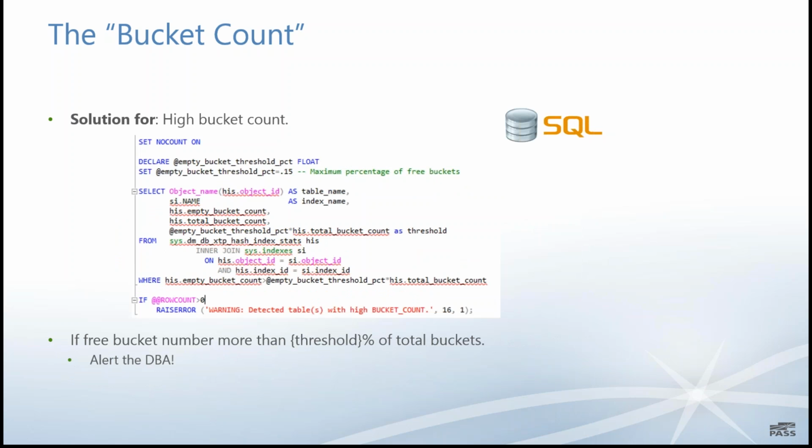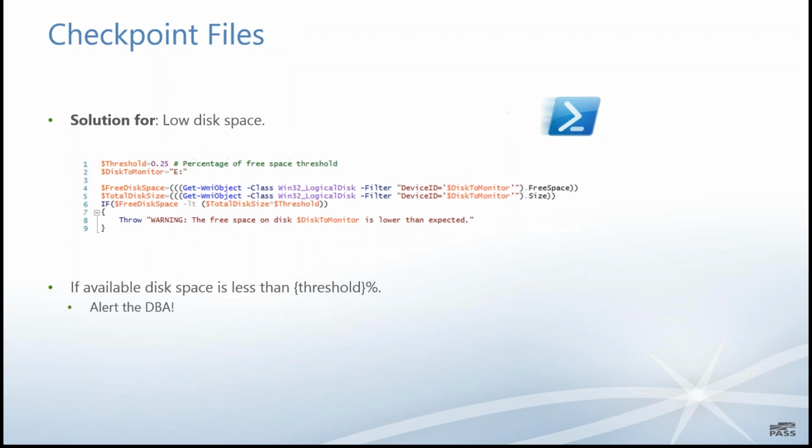For the high bucket count, the same thing. I'm still using the same views, but I have only one threshold here, the maximum percentage of free buckets. The same thing. When you pass the threshold, we will raise an error. This is using T-SQL. For checkpoint files, the problem with the disk space is disk space.